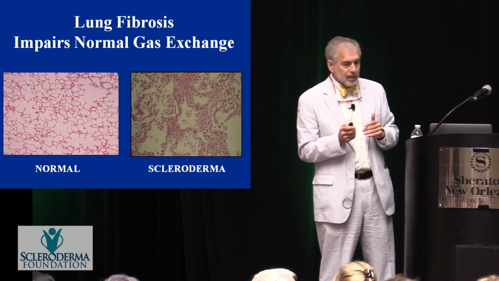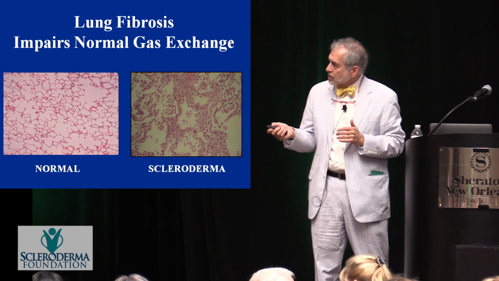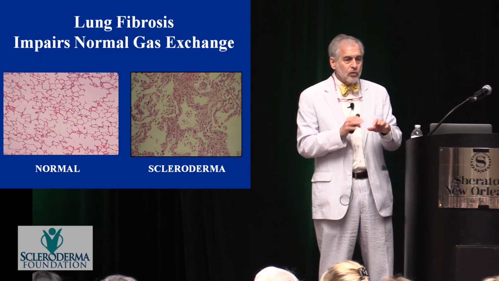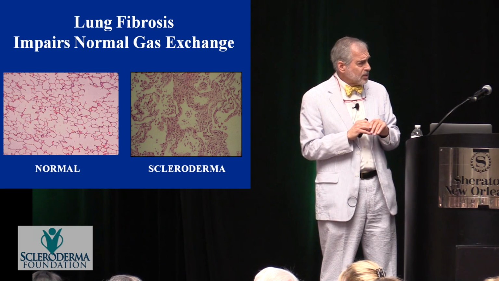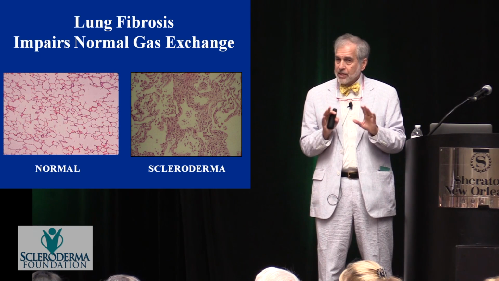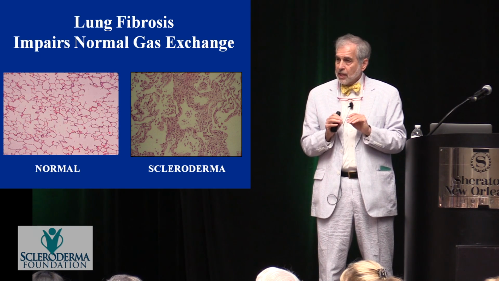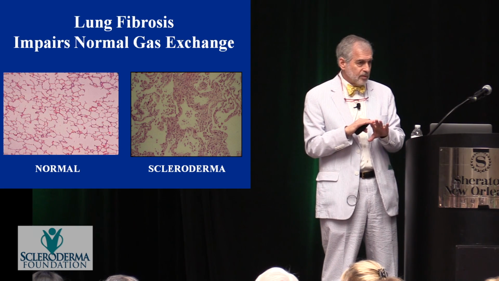And if you look at a normal lung histologically, on your left, you see those normal alveoli. And on the right is a section of lung from a patient with scleroderma. That's interstitial lung disease. And you see that the whole microanatomy is different.